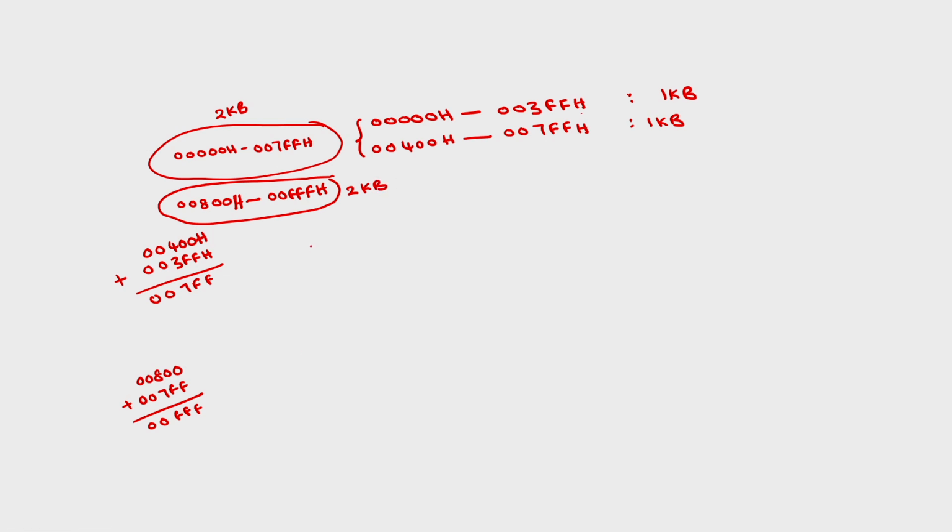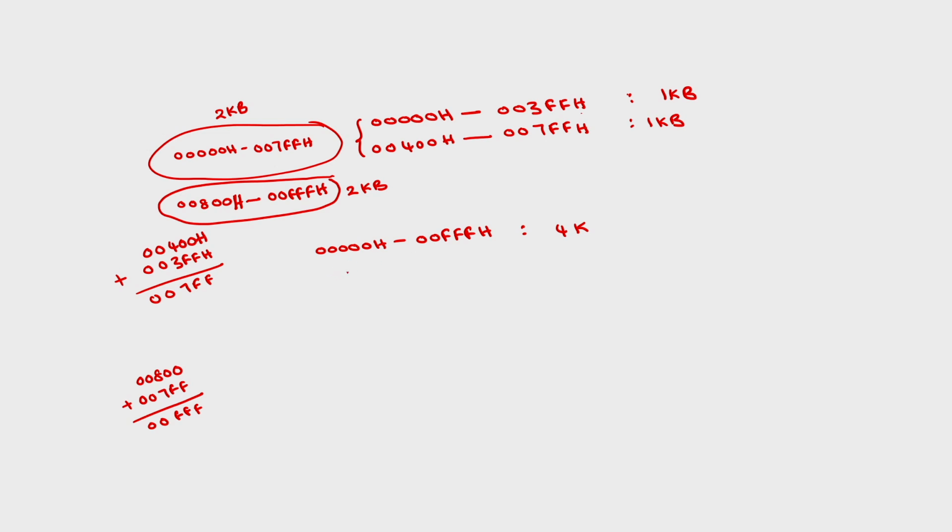So if I start with 00000H and if I end with 00FFFH, then this 2K plus this 2K is 4K. Simply adding FFF will give 4K. If I want 8K, what is the next address?